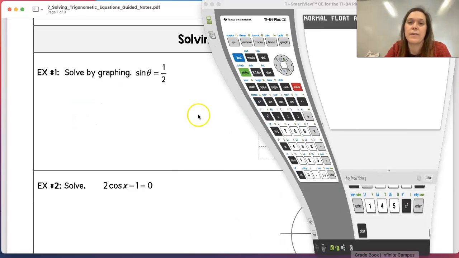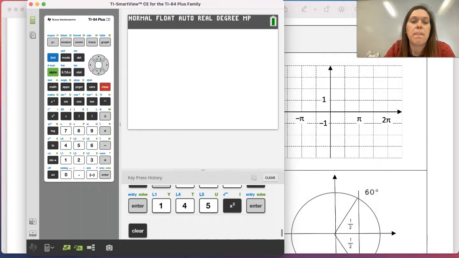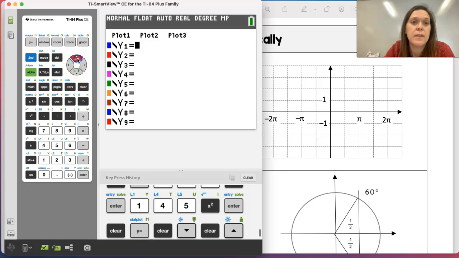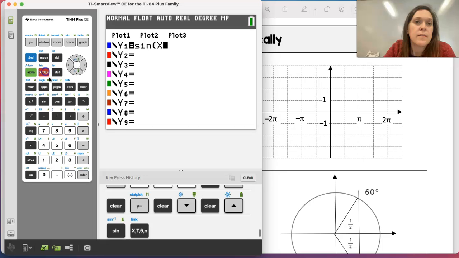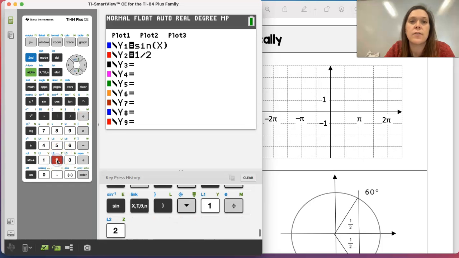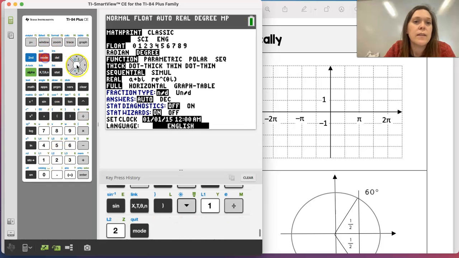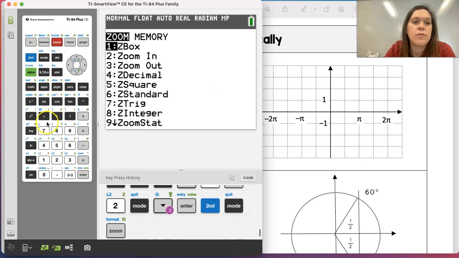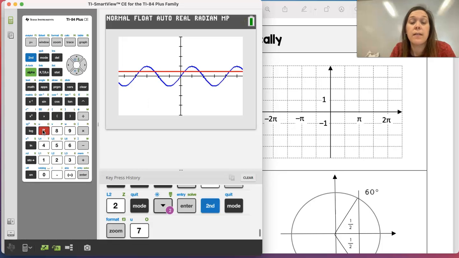So how do I do that on my graphing calculator? I'm going to go into my y equals screen, type in sine of x in line 1, and 1/2 in line 2. Since we are graphing in radians, I'm going to set the mode to radians, and then do a zoom trig to see what it looks like. I don't have to zoom in or out, which is great.